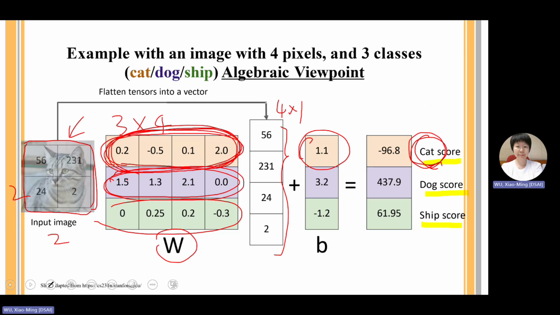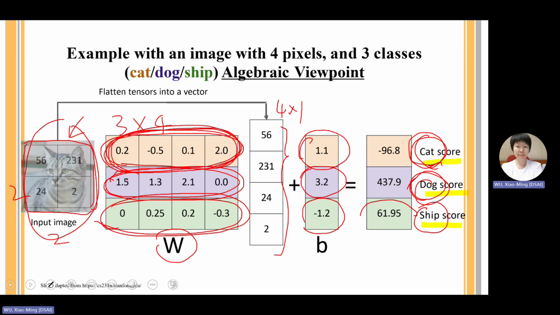The second one, the purple parameters, is the hyperplane for classifying dog, and the green one is for classifying sheep. Clearly, this image is assigned to the dog class because it achieves the highest score. It's wrong, but this is just for illustration.